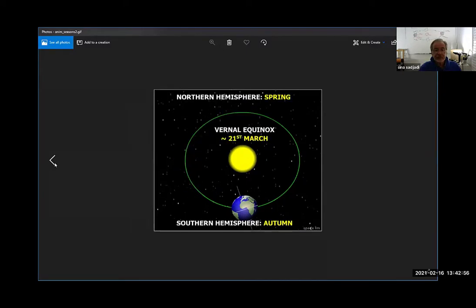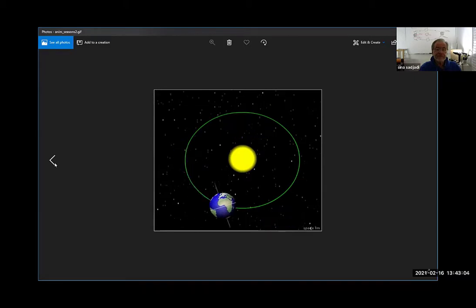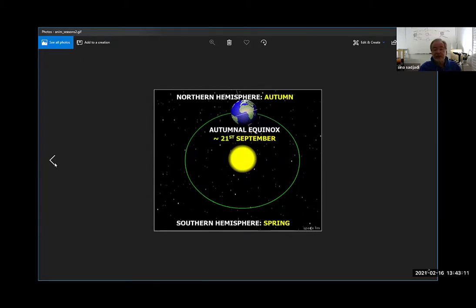Can I ask a question? Yes, please. What happens that some places like Alaska, they have 6 months of nighttime and 6 months of daytime? Well, we'll get there in a second, but basically the sun is in the southern sky half the time and in the northern sky half the time.